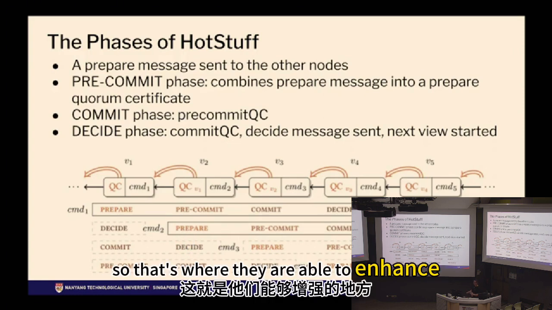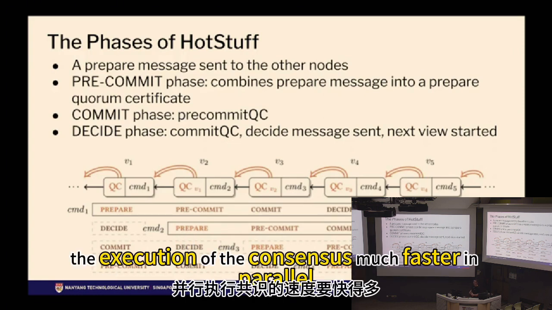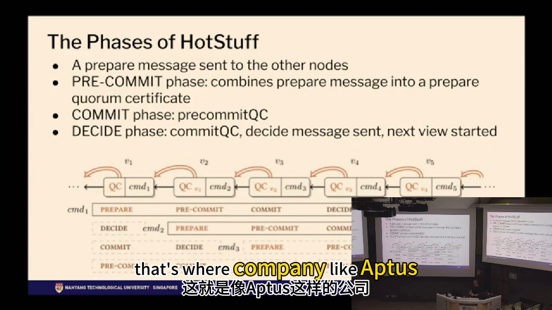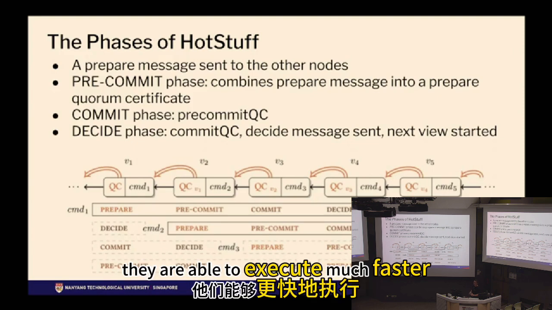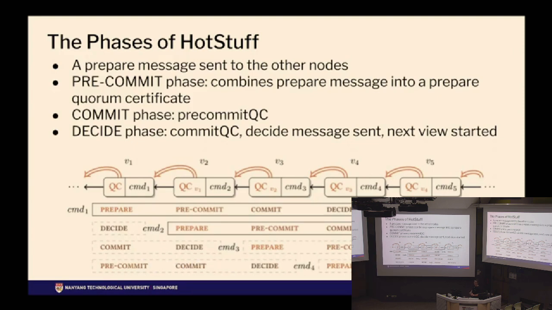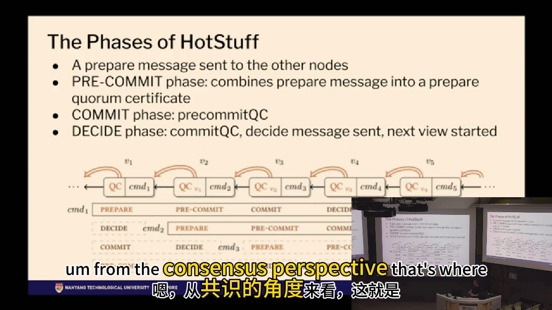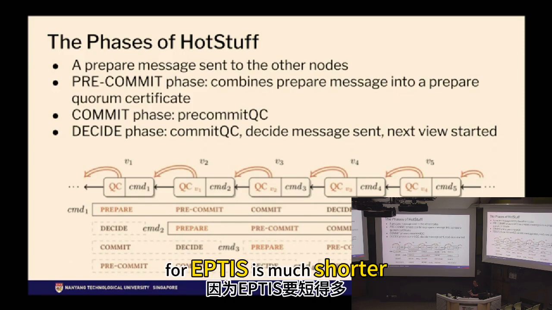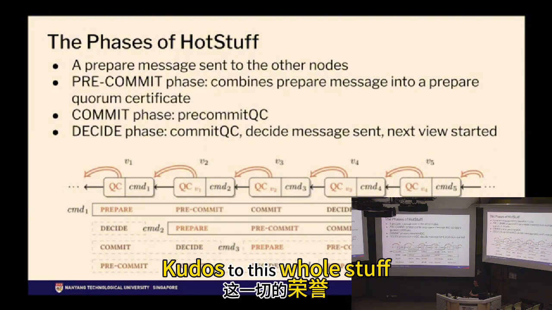That's where they are able to enhance the execution of the consensus to be much faster in parallel. That's where a company like Aptos is able to execute much faster from the consensus perspective. I forgot the exact number, but the block interval for Aptos is much shorter. Kudos to HotStuff.